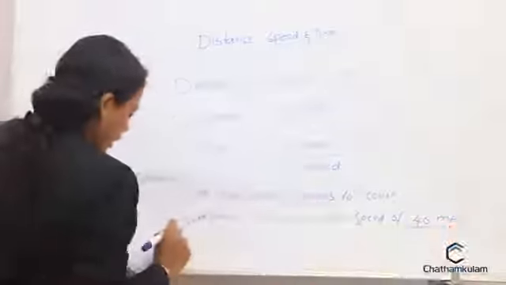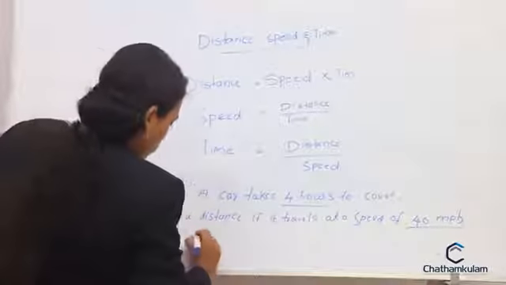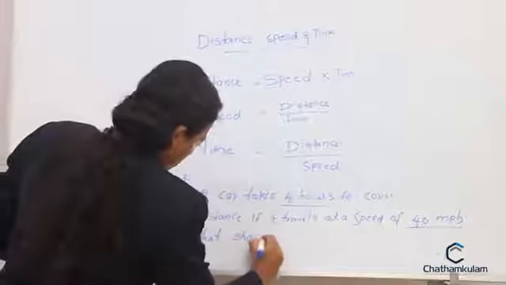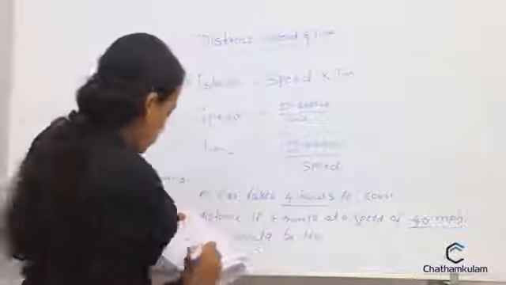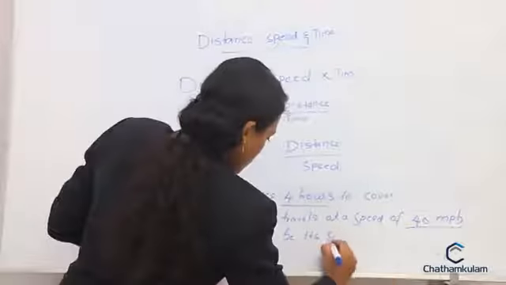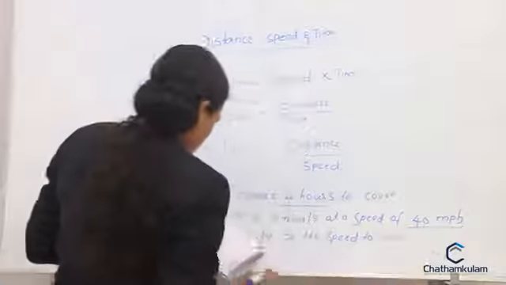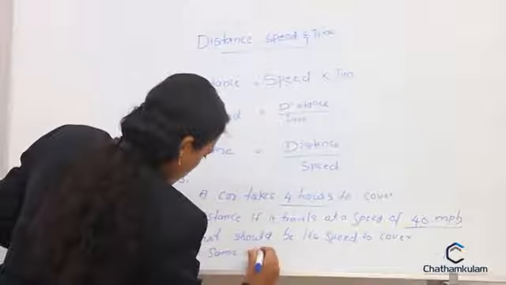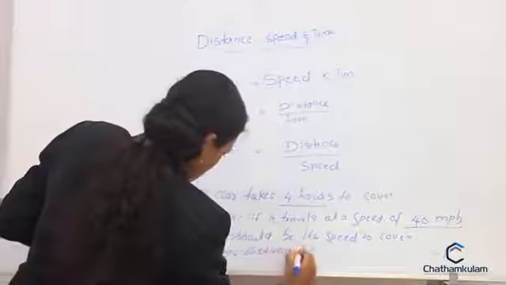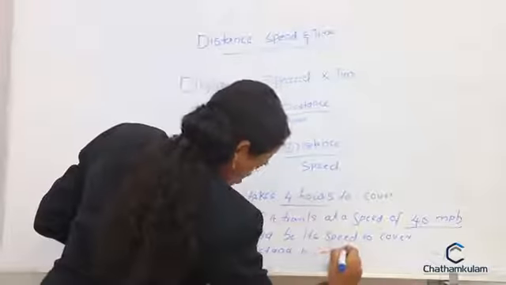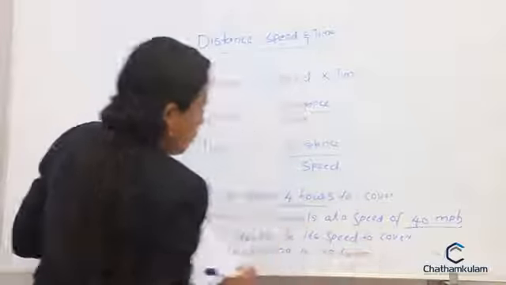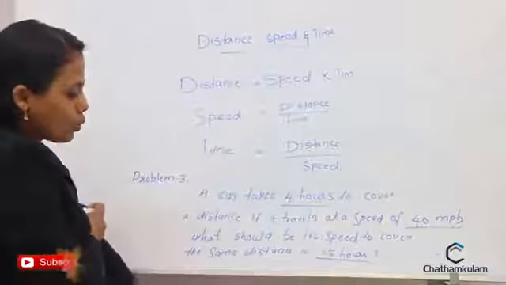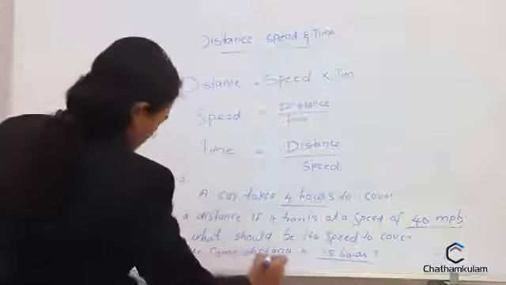Just underline that, 40 miles per hour. What should be its speed to cover the same distance in 1.5 hours? Here 1.5 hours is already mentioned, so first we need to calculate the distance.